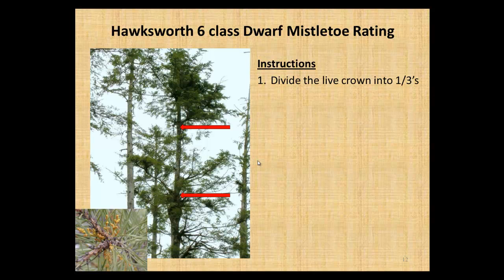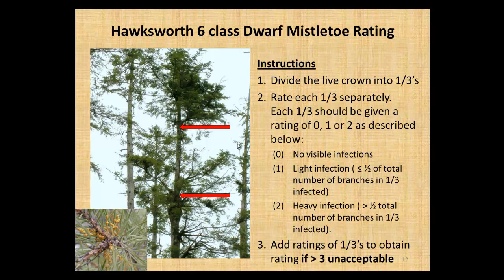You divide the crown into thirds, as shown with these arrows, the live crown. So if this is the bottom of the live crown, then you would divide it visually into thirds, sort of with your hand or pointing up at the crown. And you rate each third separately. So each third should be given a rating of 0, 1, or 2, as described below.